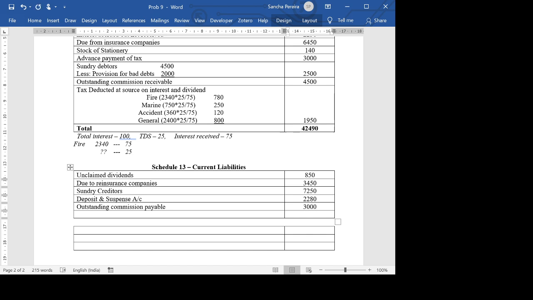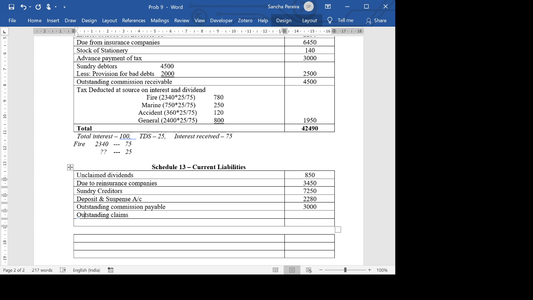And we also have another item, outstanding claims.